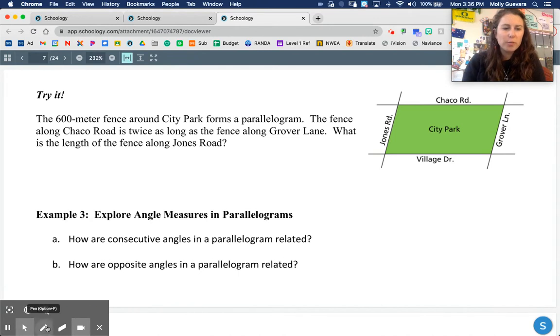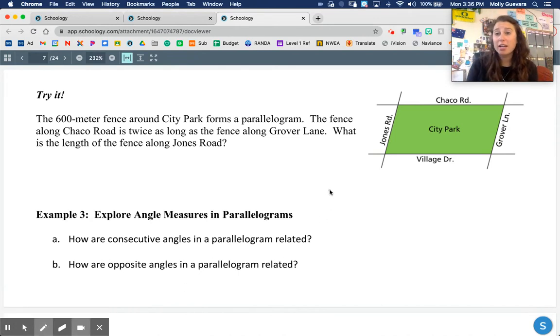Okay, so I hope you guys actually tried this and gave it a shot, and if you messed up, that's okay. We can erase it and try again. But I'm going to read this again. So the 600-meter fence, so I know that the total around the outside is 600. The fence along Chaco Road is twice as long as the fence along Grover Lane.